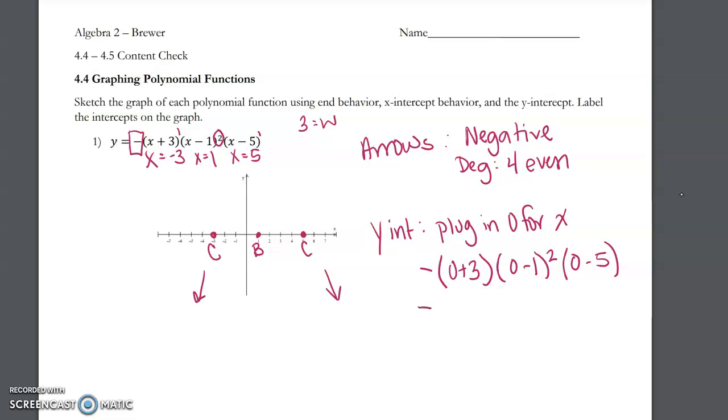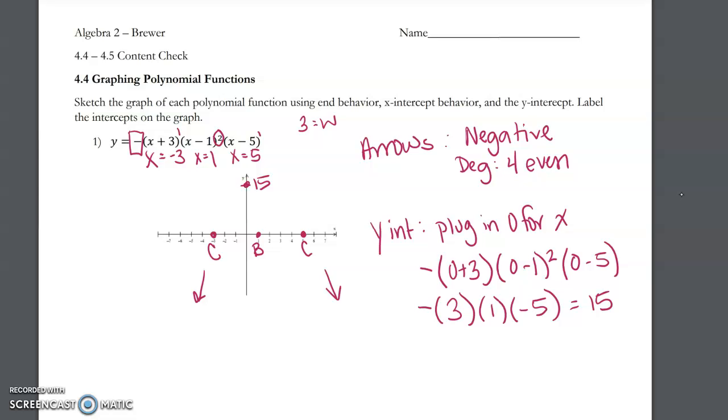When I work inside the parentheses, I still have the negative in front. 0 plus 3 is 3. 0 minus 1 is negative 1, and then when I square that number, I get positive 1, and 0 minus 5 is negative 5. When I multiply these 3 numbers together, negative 3 times 1 times negative 5 is positive 15.